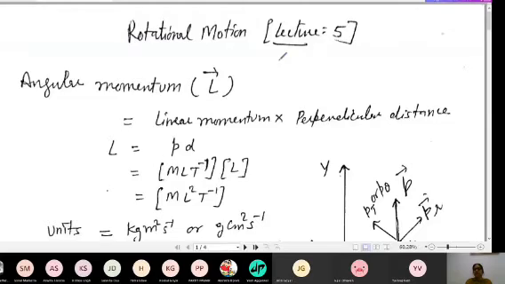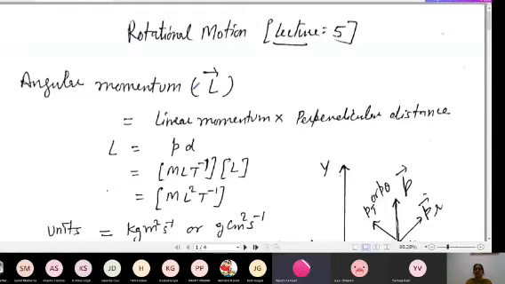Today we have to talk about angular momentum, the next physical quantity. In the previous class we discussed torque, which is your moment of force. Similarly, angular momentum is defined as the moment of linear momentum.